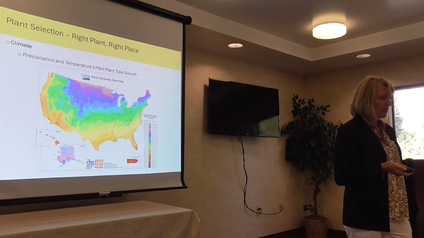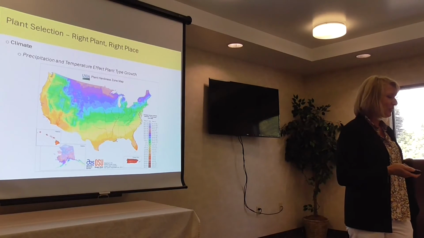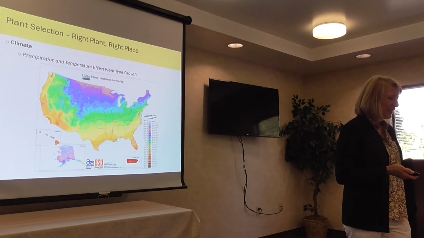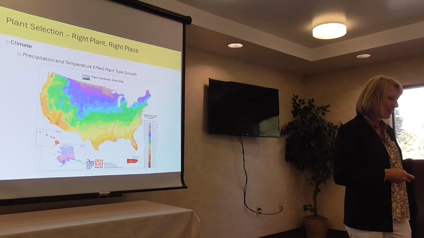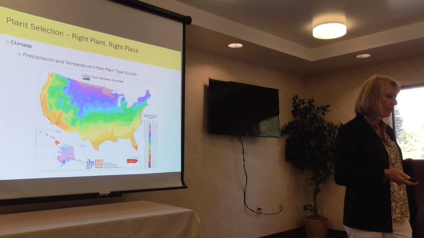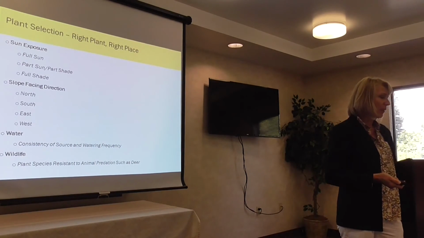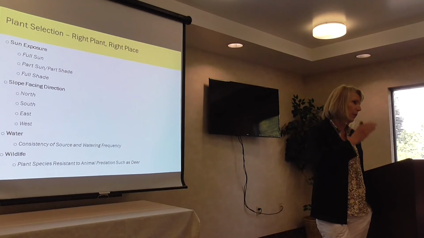Precipitation, temperature effect, plant growth. Precipitation, I don't know if it's as consistent as it used to be, but it seems to be running in more extremes the last couple years than it had previously, but it's still important to consider, especially for things like Andy was talking about with crepe myrtle, some of these plants that you're bringing up.